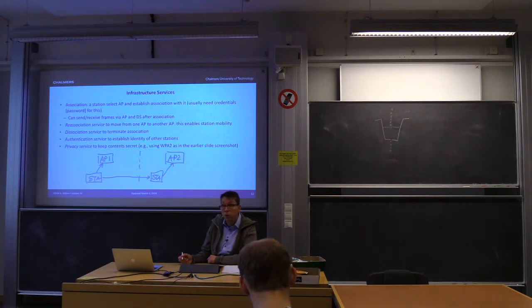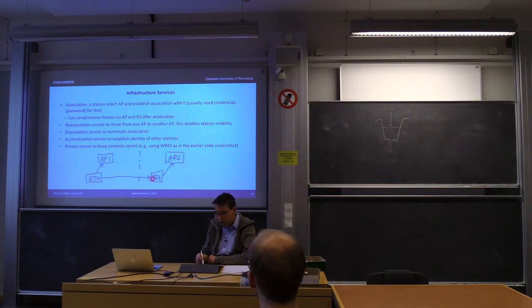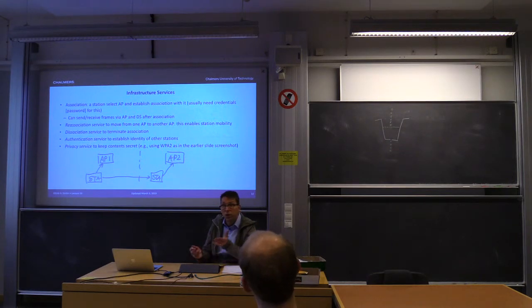This is called reassociation, where you associated to an access point, but when you move, you break that association and then associate to another access point. And disassociation basically is when an access point kicks out the station, or the station says, well, I'm no longer interested in being connected to your network.